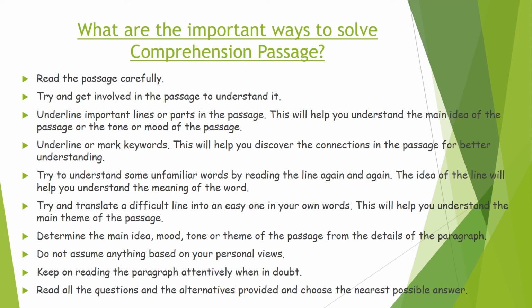Keep on reading the paragraph attentively whenever you are in doubt. Again, go to the paragraph and read it. And then solve the answers in the nearest possible meaning which you are able to understand. So this is the simplest way of solving any comprehension passage.